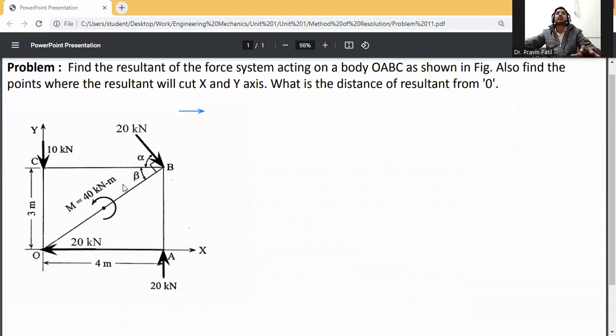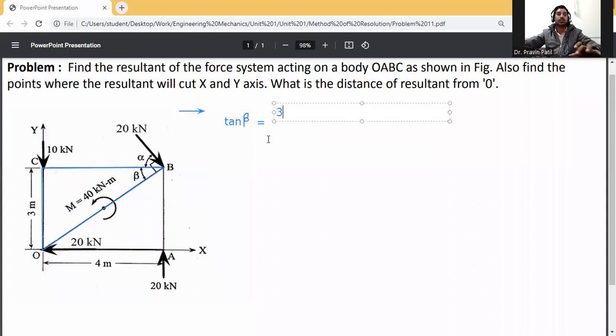First of all, to calculate the beta value, we need to consider this triangle OBC. We know that tan beta is equal to opposite side divided by adjacent side.